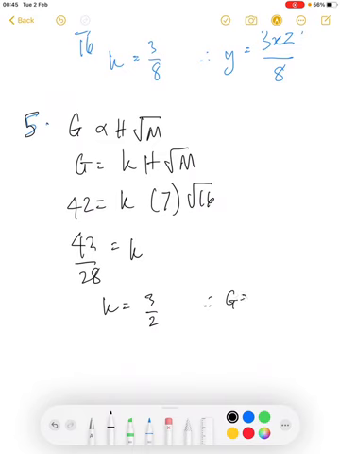Hence G equals to 3 H square root of M over 2.